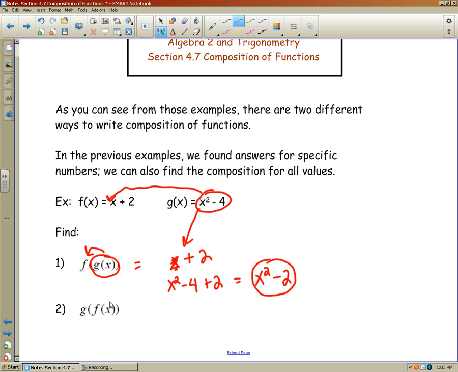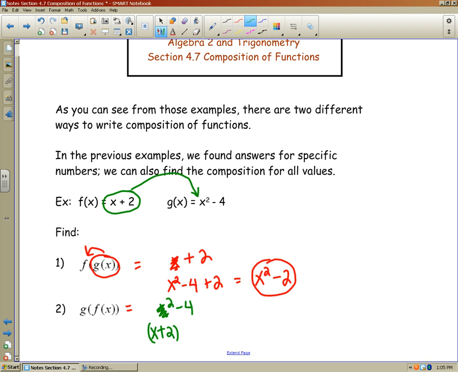Now we'll go the other way. We'll do g of f of x. We'll take f of x and plug it into g. So g is x squared minus 4. But we're not going to leave it x. We're going to substitute in x plus 2.